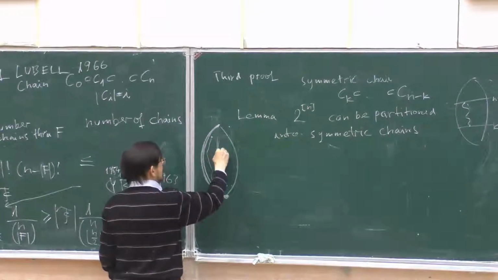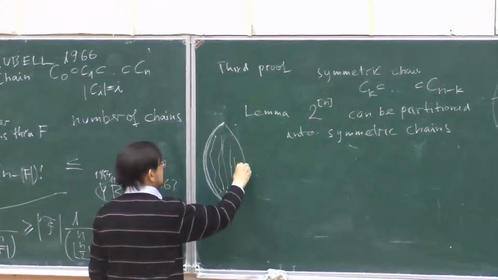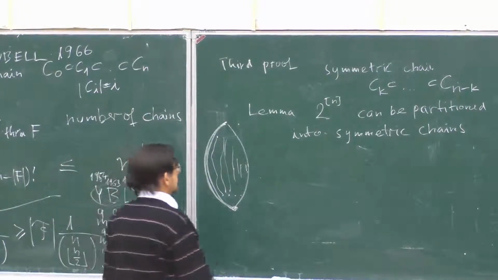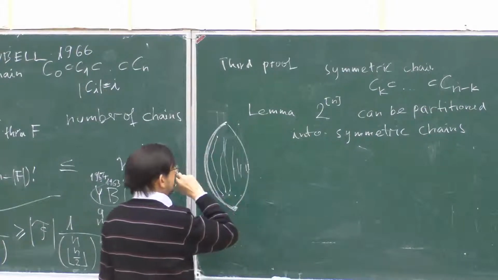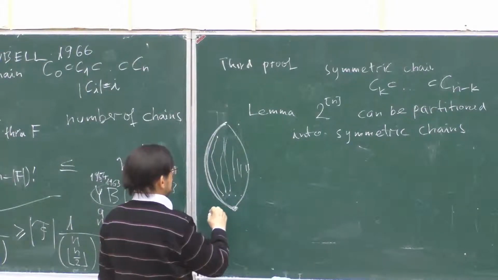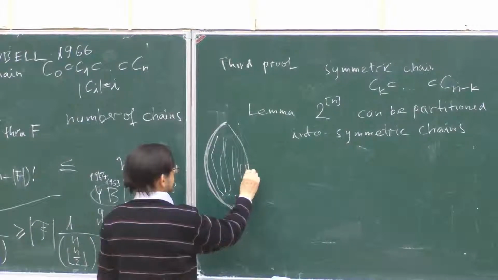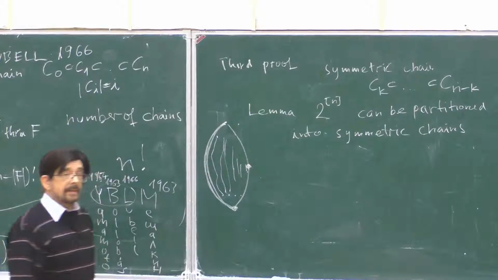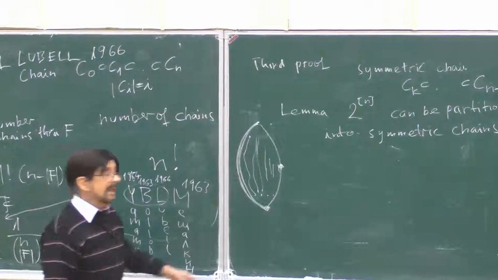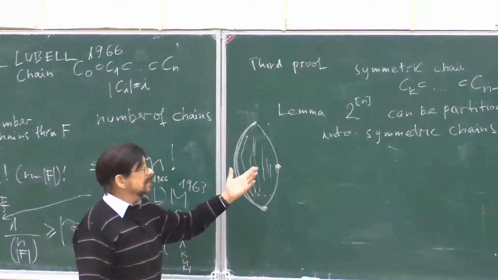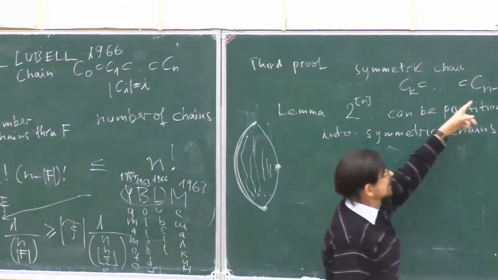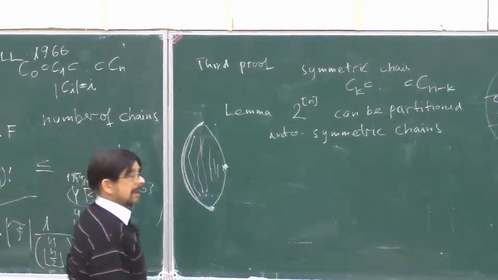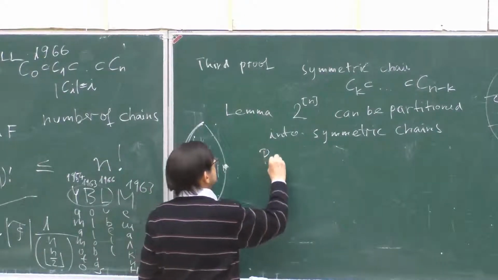And we have smaller and smaller chains. A special case, this is also a symmetric chain. When n is even, then we have one-element chains also. So when k is n half, n minus k is also n half. So now I am trying to prove the lemma.